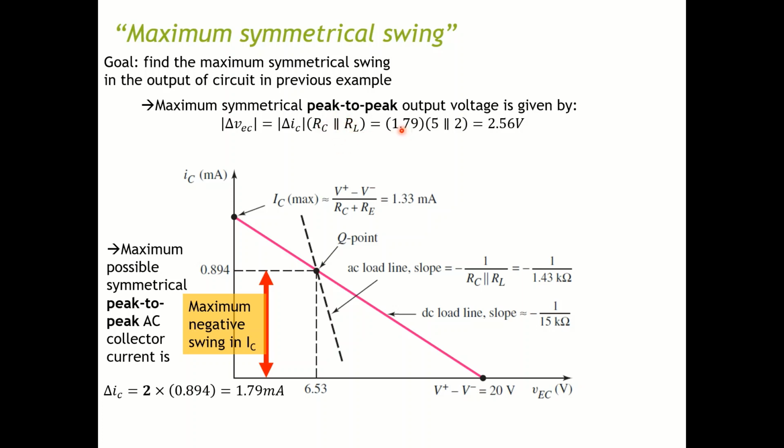So you have 1.79 multiplied by the parallel combination of 2, and you have 2.56 volt. Therefore, we can have an equation for the instantaneous collector current: IC is equal to ICQ, which is the Q point of IC, plus half of the swing.